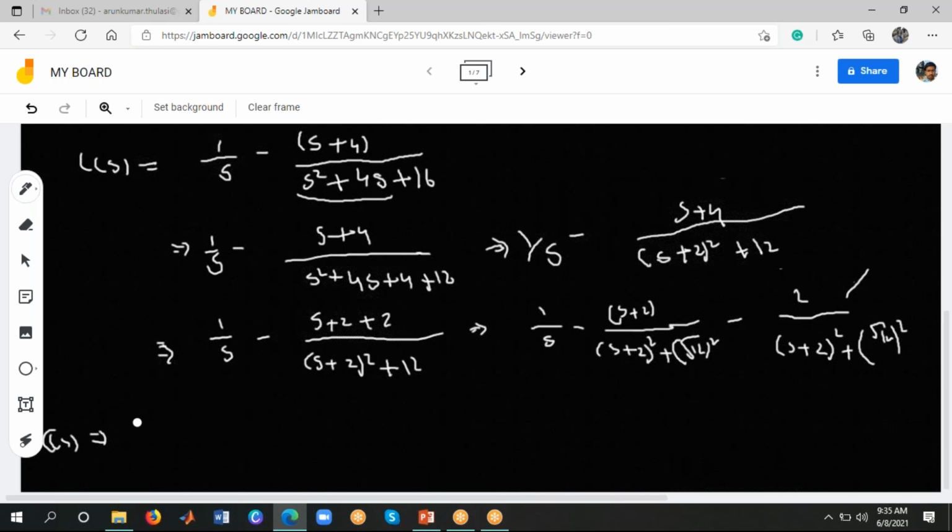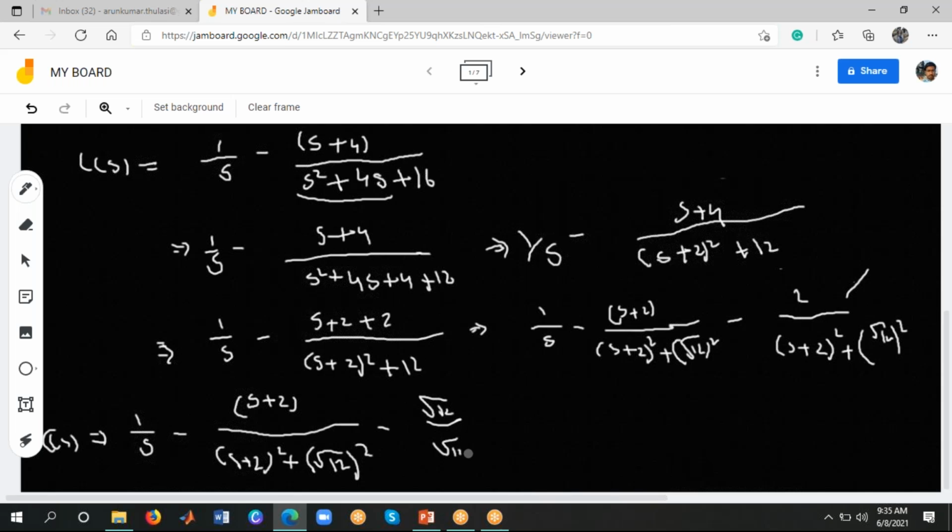So it comes like this: C of s is equal to 1 by s minus (s plus 2) divided by (s plus 2) whole square plus (√12) whole square, minus this third term, we multiply and divide by √12, into 2 divided by (s plus 2) whole square plus (√12) whole square.